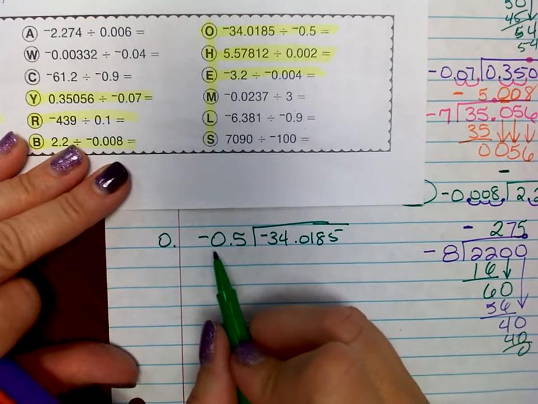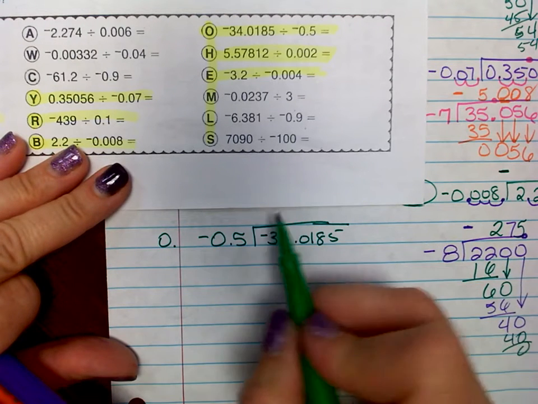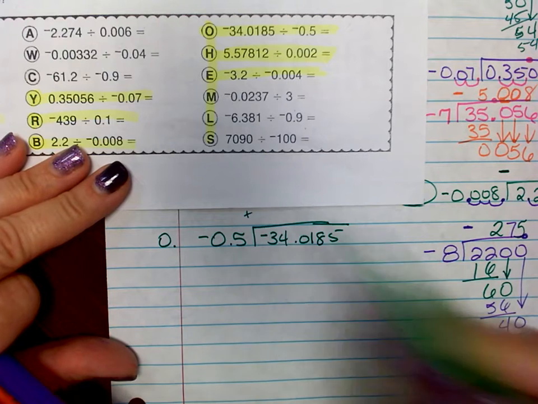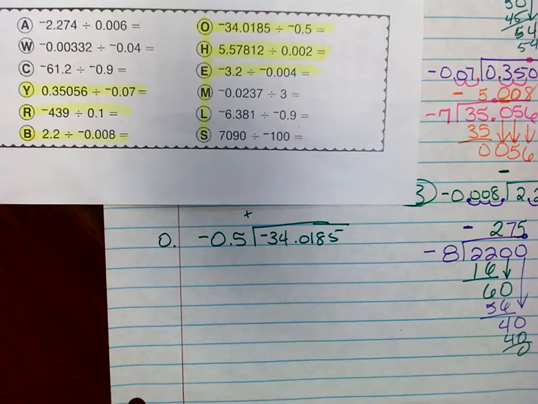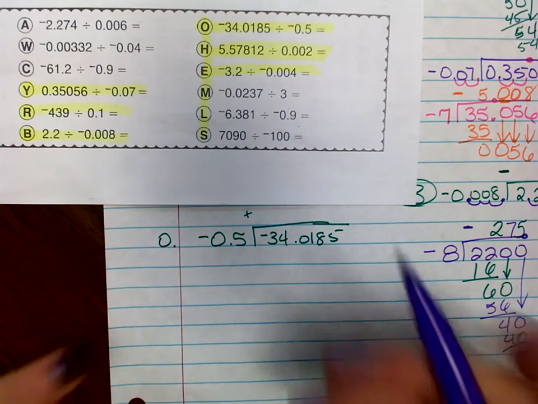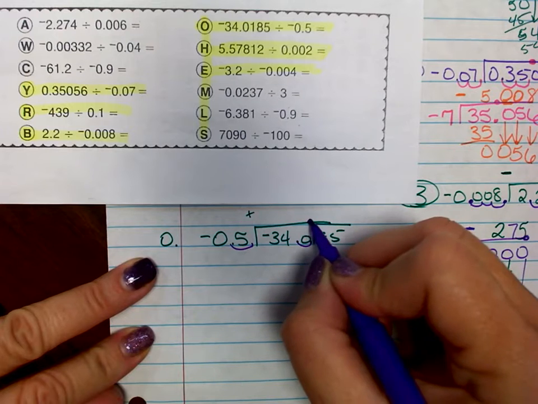So I have a negative divided by a negative, so it becomes a positive. I'm not going to put anything up there. If you want to put a positive, you can. So just to make sure you're following the steps: move your decimal over once, move your decimal over once, so your decimal is going to go right there.